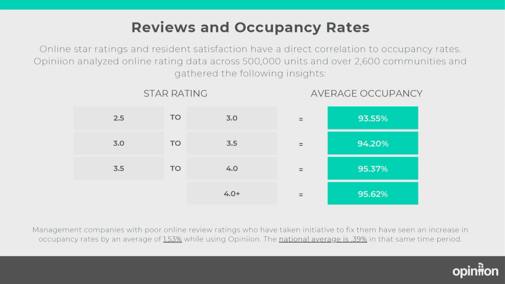Whether you're looking for a place to call home or buying a widget, we start to filter, right? Oh, this one is at a 4.0 and this one is at a 3.0. This one has 10 reviews and this one has 50 reviews. I'm going to call or stop by or visit the website of this one before I do this one. Does that pass the sniff test to you?